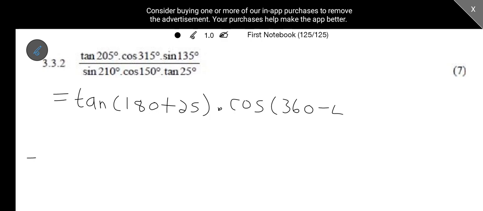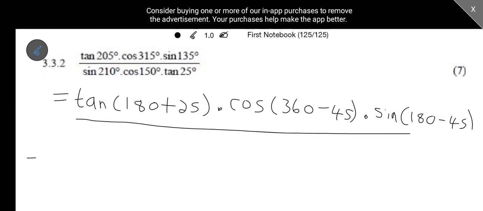So I will say minus 45 and then multiplied by the sine of 135, because it's sine. It's in the second quadrant. I'm going to say 180 degrees minus, and how much do I have to minus from 180 to get 135? So if I say 180 minus 45, I get 135. So I have to say 180 minus 45, and then I close it, and then I go below.